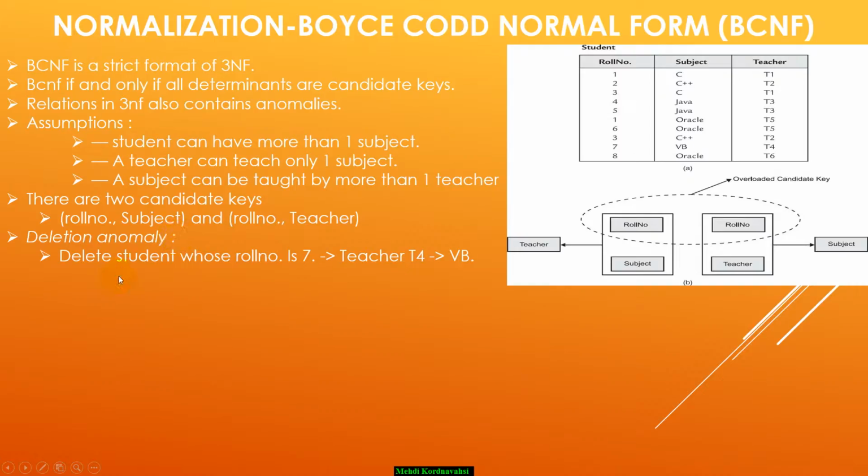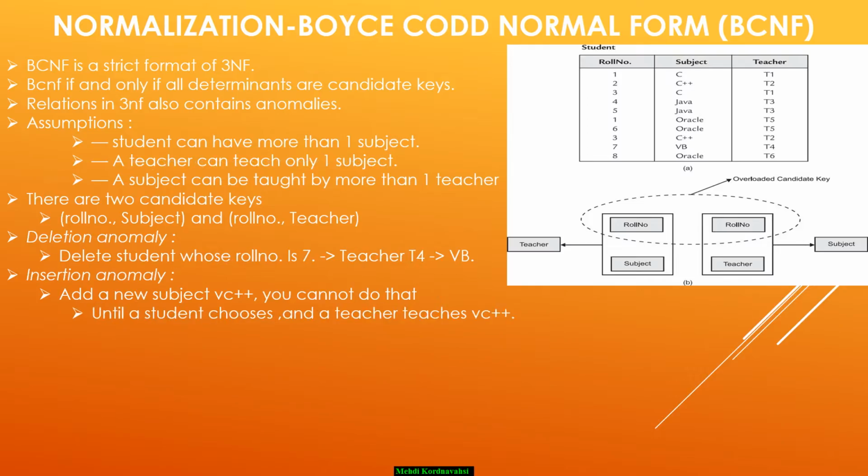And the next anomaly is the insertion anomaly. If you want to add a new subject, for example, VC++, you cannot do that until a student chooses subject VC++ and a teacher teaches subject VC++.